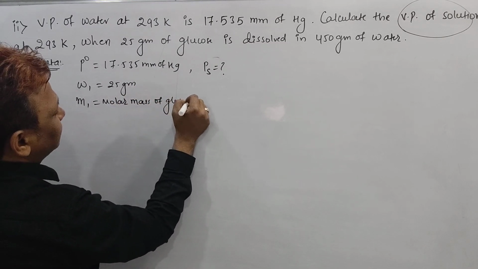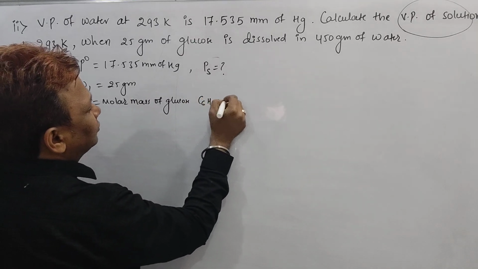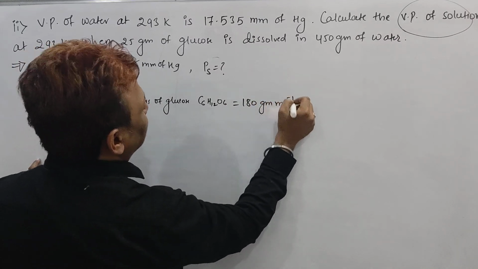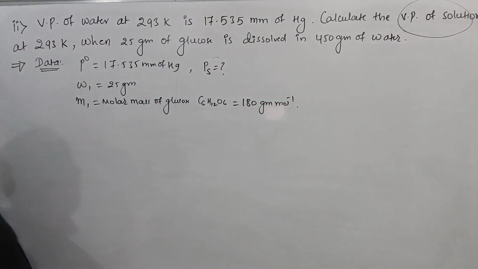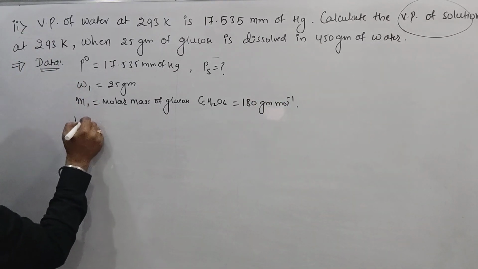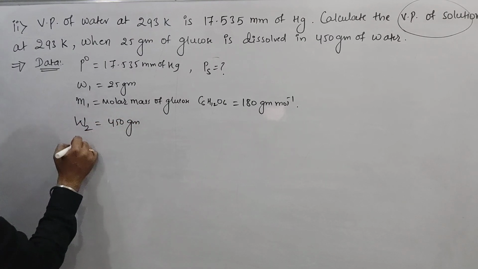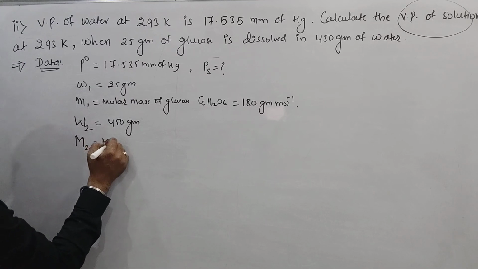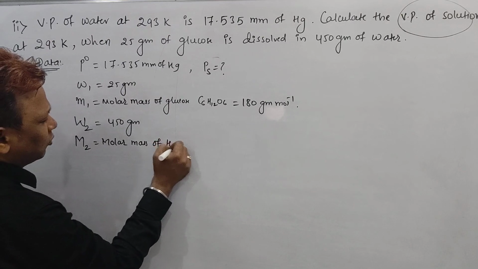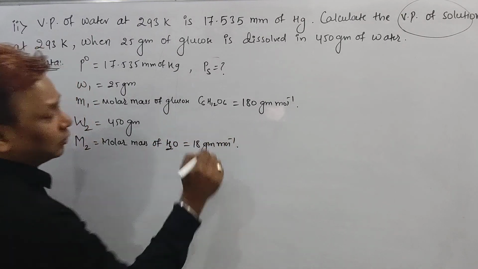The formula of glucose is C6H12O6 and its molecular weight is 180 gram per mole. Then it is dissolved in 450 gram of water, so the weight of the solvent is 450 gram. And the molar mass of H2O is 18 gram per mole.